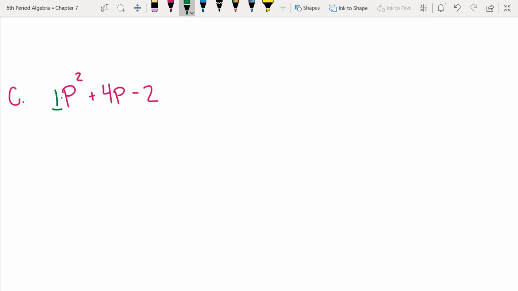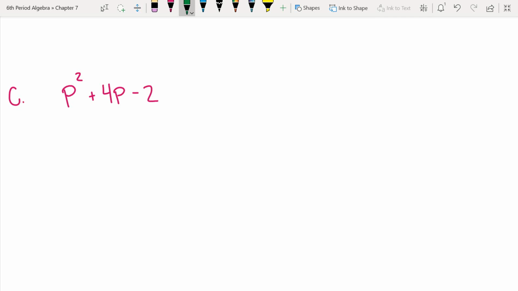So if I compare 1, 4, and 2, there's actually no GCF between those, meaning there's not a GCF. I can't factor that out. And that's okay. You come across that sometimes, which means you just move on to however you learned how to factor. Try to factor this out.